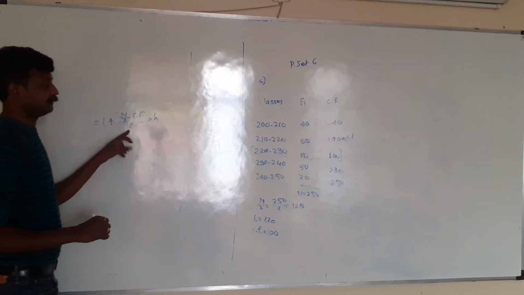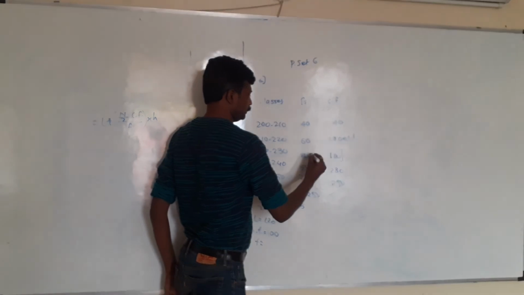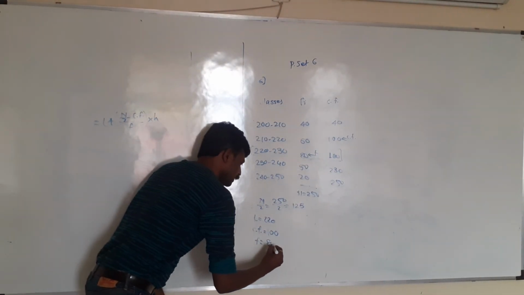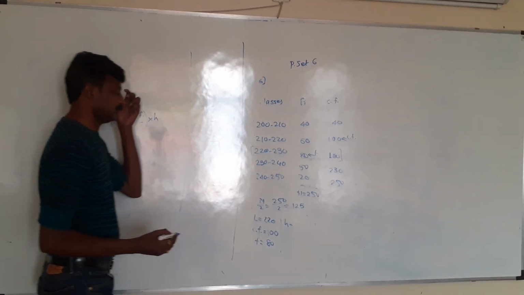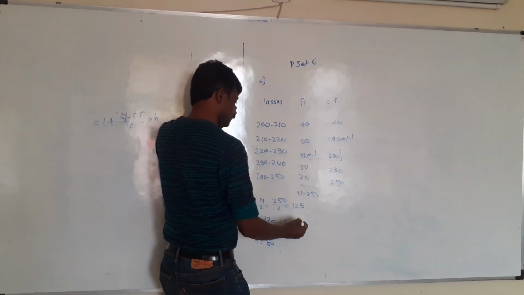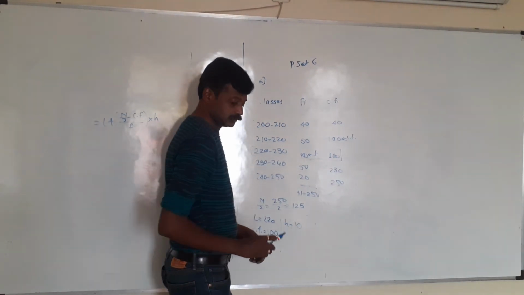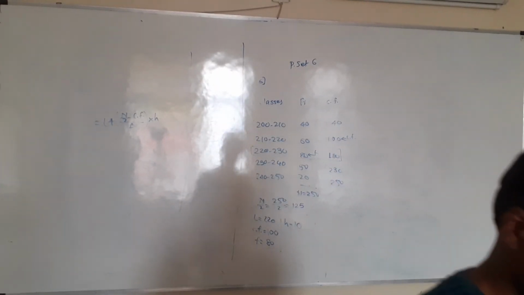Next requirement is F, frequency, which is the frequency of the median class, that is 80. And then H is the class width when the classes are continuous. All the classes are continuous. 230 and 220, the difference is 10. So the value of H, the class width, is 10.